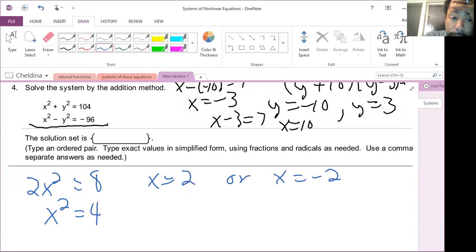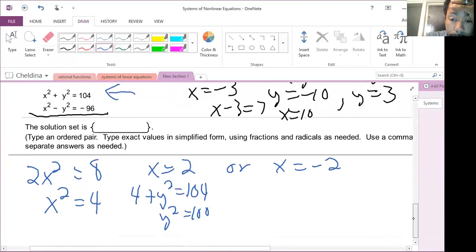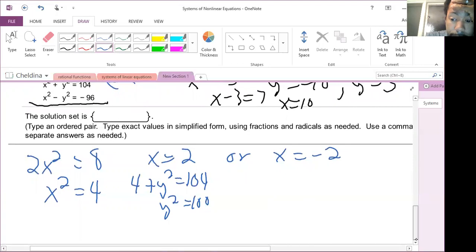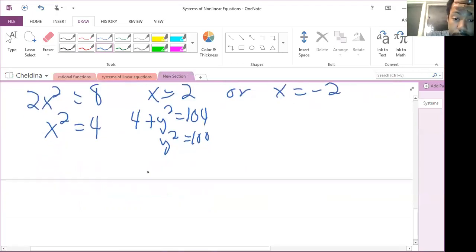So when x is 2, going to the first equation, you get 2 squared, which is 4, plus y squared equals 104. And so you get y squared is 100. And so y is equal to 10 or negative 10.